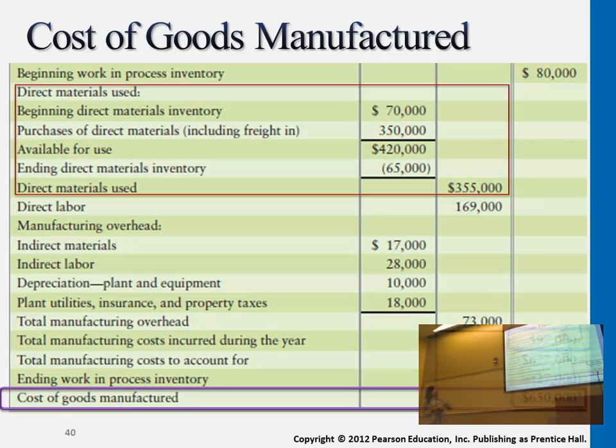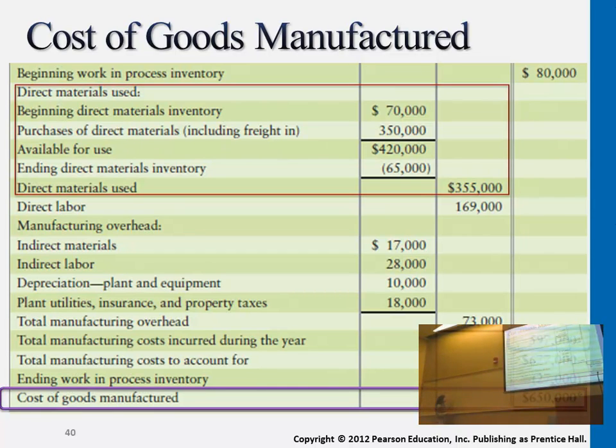So at the end, after a whole year of production, what do we have left? $65,000. We have $65,000 of direct materials inventory left over from this year, after producing many different lines of products.